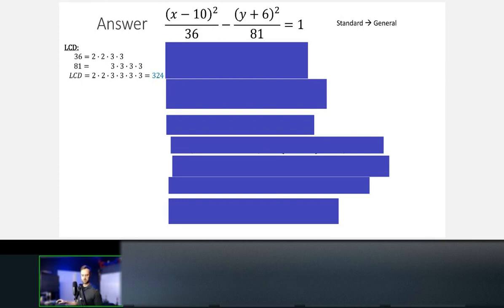So let me give all of you, let's say, 3 minutes to finish this problem. And then when you are done, give me a green check mark. Ready to go.